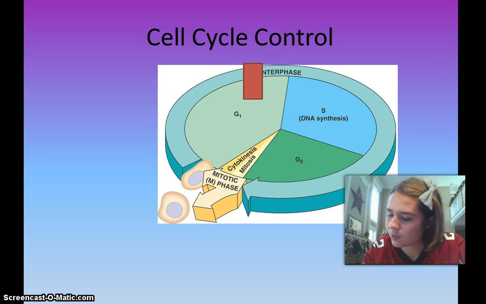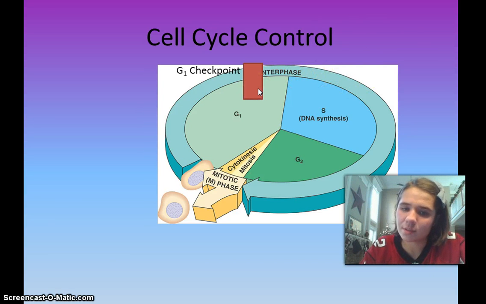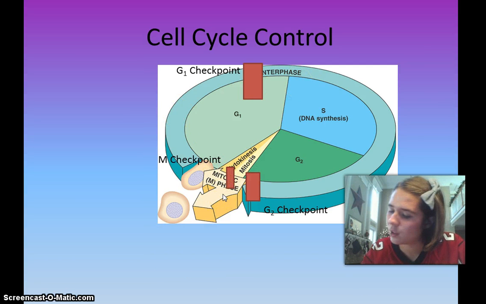The main checkpoints are G1, G2, and M. The G1 checkpoint is actually believed to be the most important one because most of the time, once cells pass this one, they go through the rest of the cell cycle without a problem. This one must be passed before DNA synthesis can occur. The G2 must be passed before mitosis can occur. And then the M checkpoint has to be passed before cytokinesis can happen and the cell can actually separate.